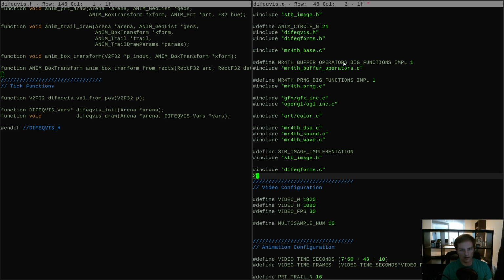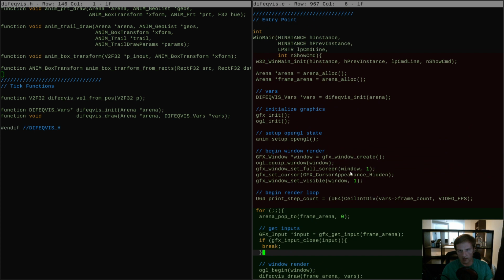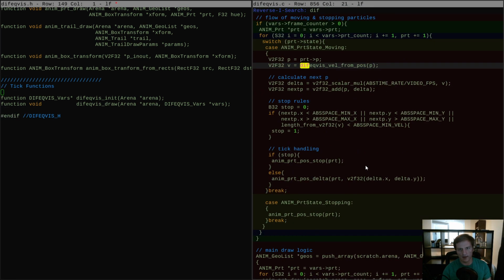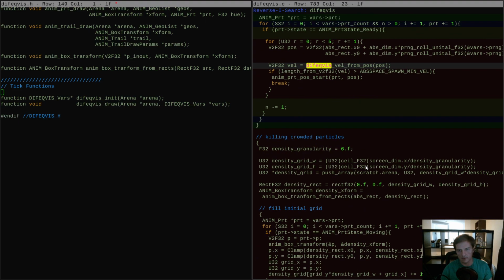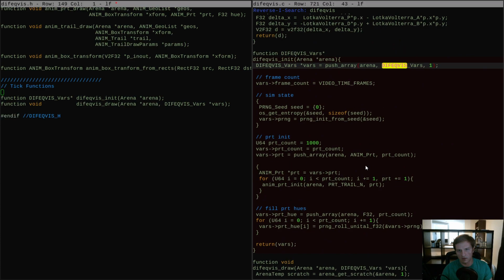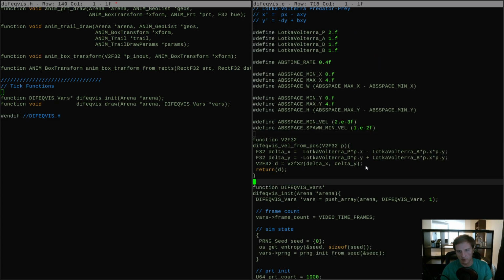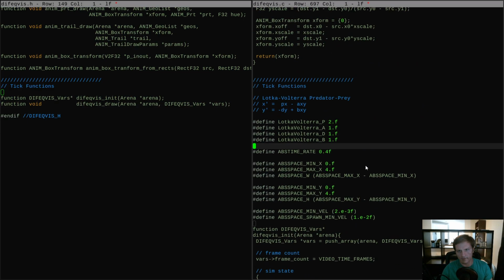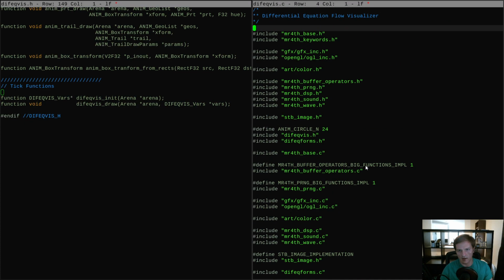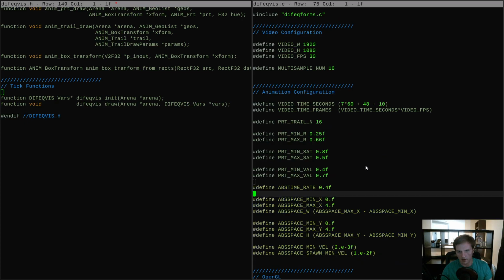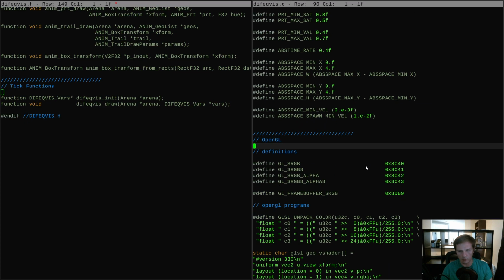And then down here, this function can go away, diffeq viz vel from position goes away. Move these back up to the top for a moment. I don't like it, but I will get them into a struct soon.